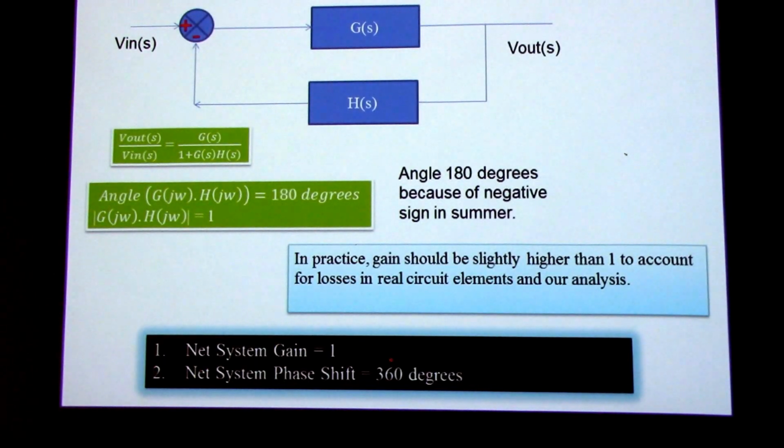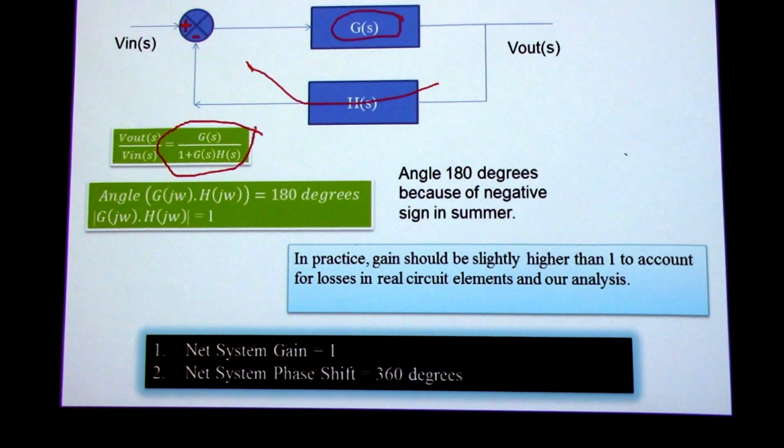Now there is a criterion which is very simple. We have seen this kind of diagram: you have some input and some system properties, then you get the output, and from there you have the feedback loop. It's a pretty common thing, and the relation between the input and the output is given by this.